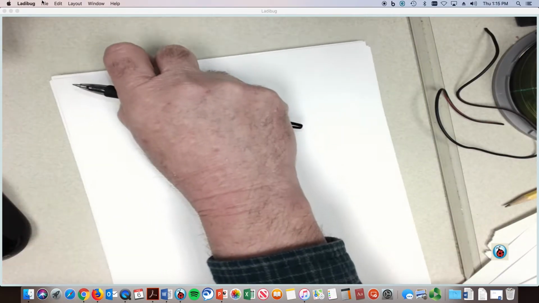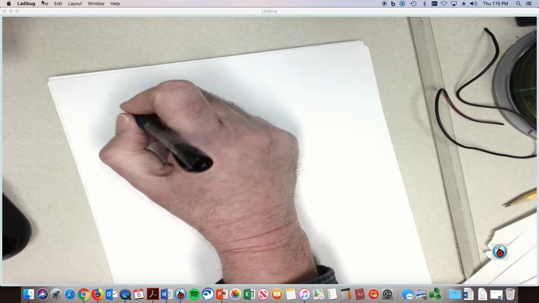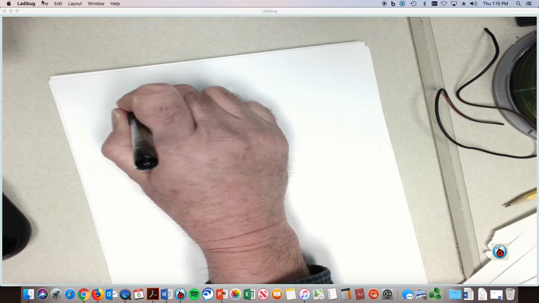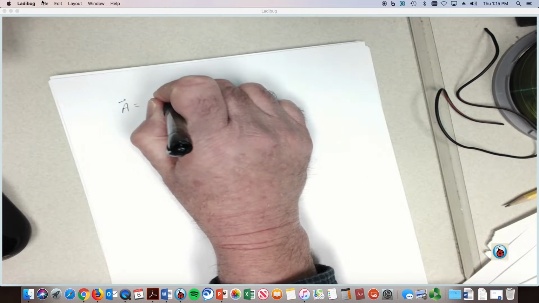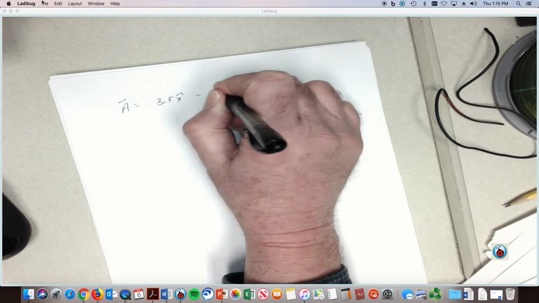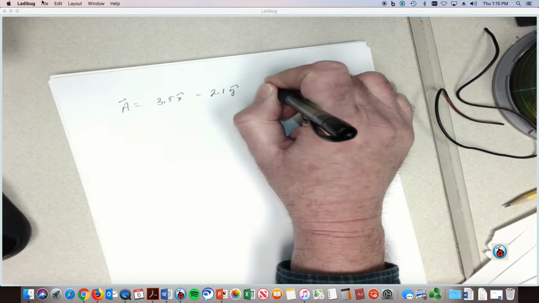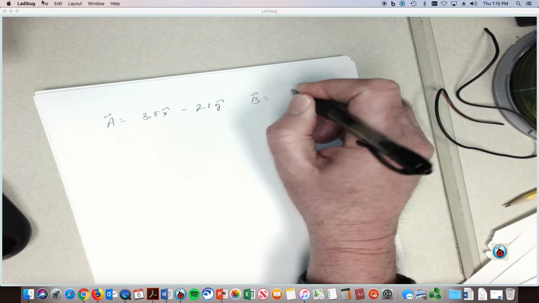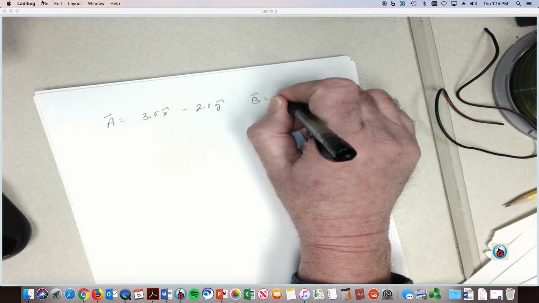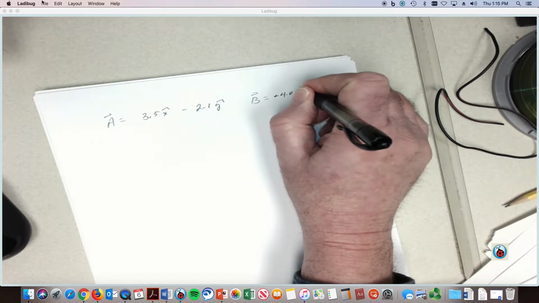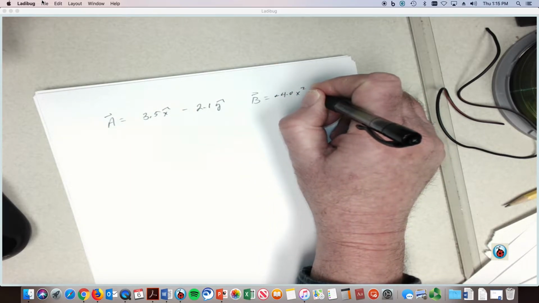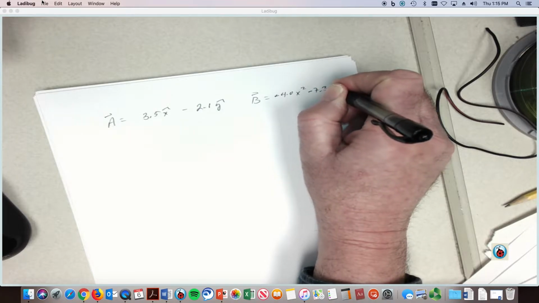So let's pause here real quick. Let's say that I've got a vector A, which is equal to 3.5 x hat minus 2.1 y hat. And I've got vector B equal to negative 4.0 x hat minus 7.3 y hat.